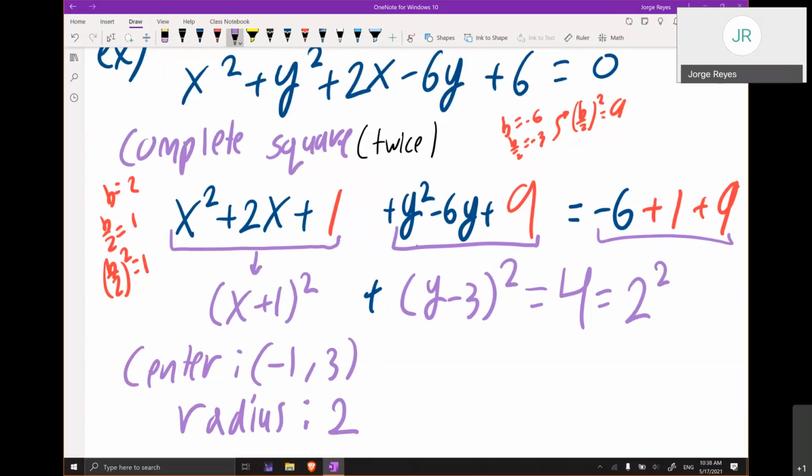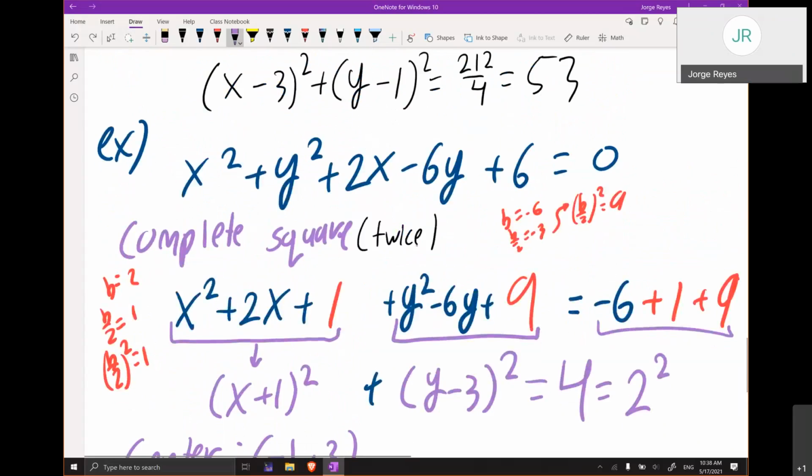Remember that the square root of this number is the radius, because it's r squared. And so that's pretty much it for this section. Study this.